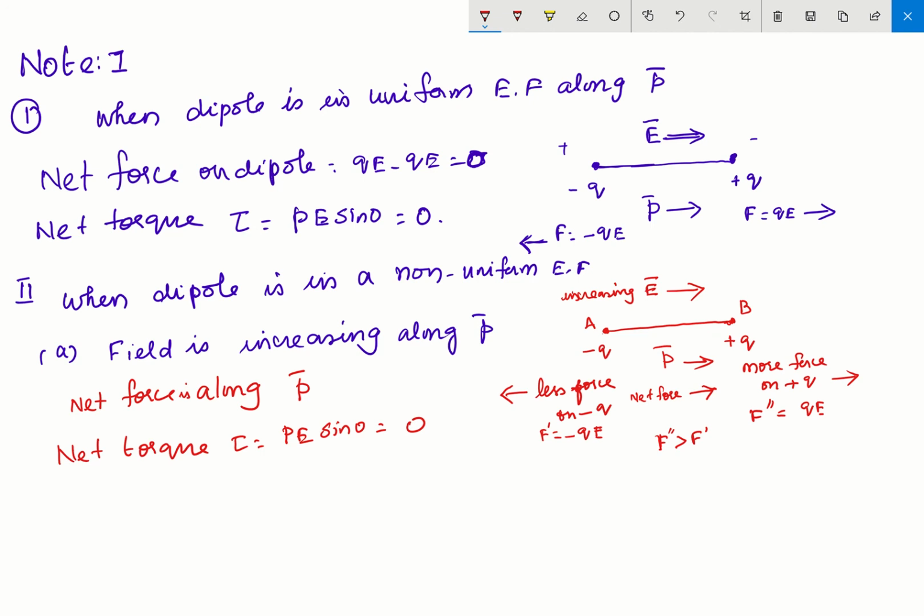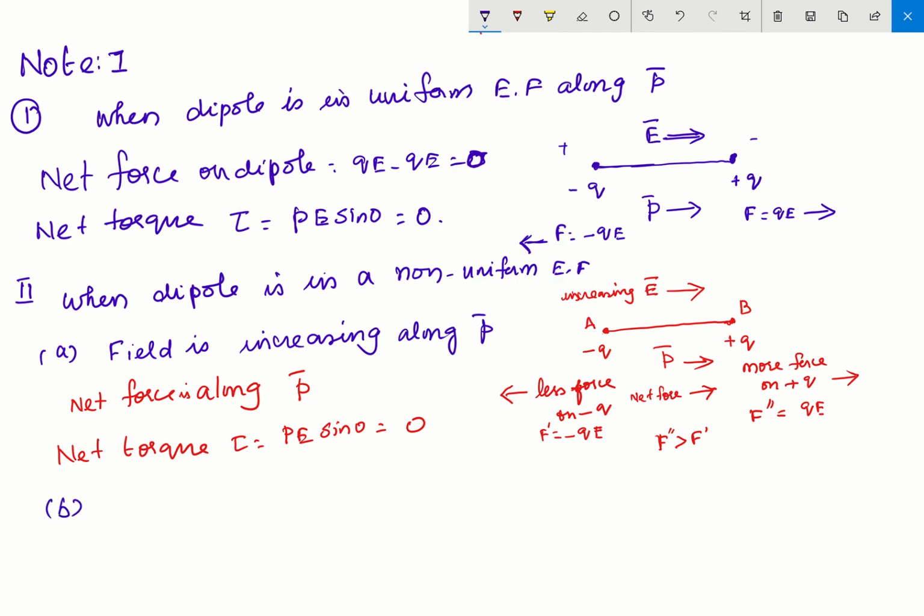The first case, no net force, no net torque. But the second case, there exists some net force in the direction of P. Okay, right. Then the third one, B. The same. Okay, what is it?